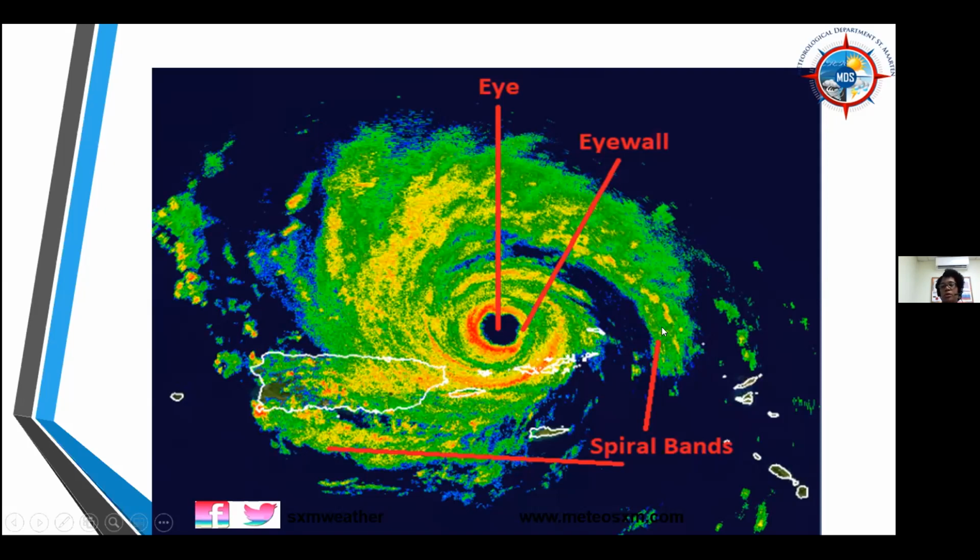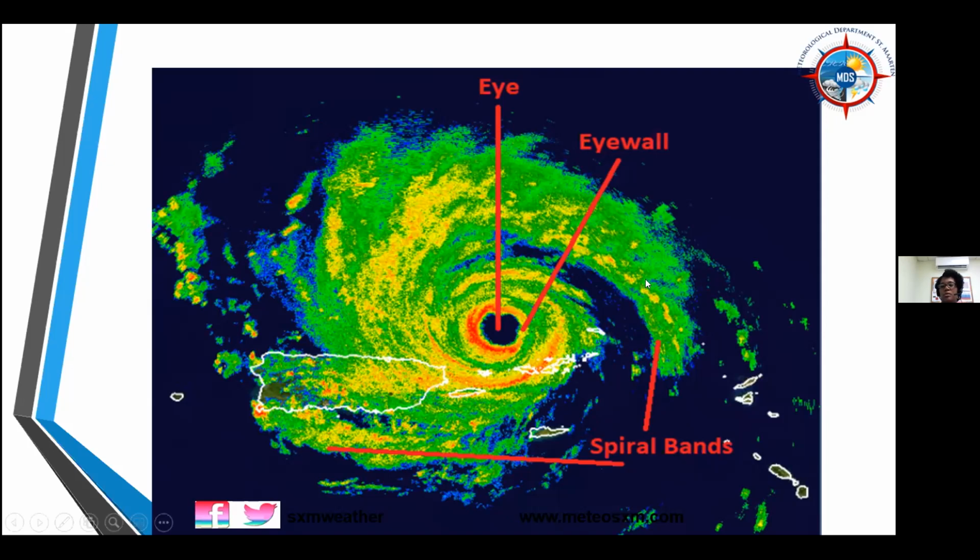Then you have the rain bands or the spiral bands. These can extend very far away from the center of the storm itself. Sometimes you could have the storm right over Puerto Rico, and one of the bands is all the way south on Martinique or Guadeloupe, and these have a lot of rainfall.